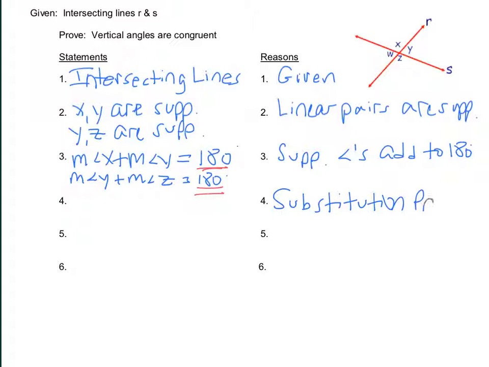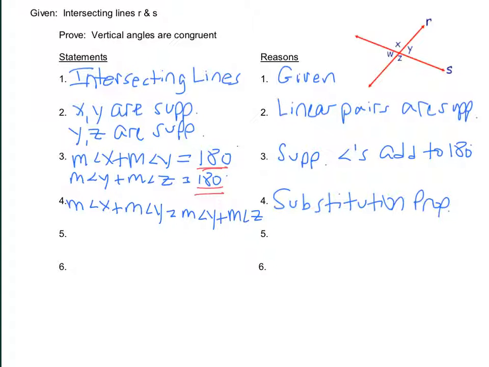Substitution property. As soon as we figure it out, we can write it. And then we're going to take this left side equal to this left side. Measure of angle x plus measure of angle y is equal to the measure of angle y plus the measure of angle z. Pardon me going a little crooked.